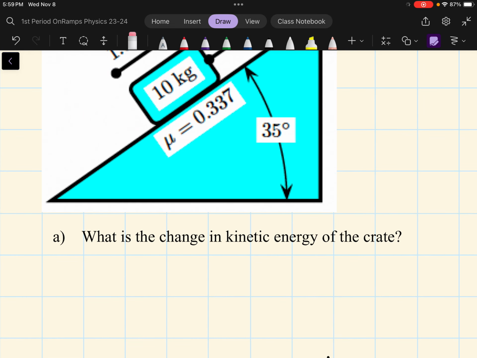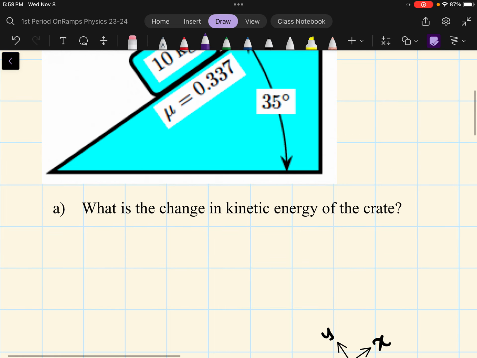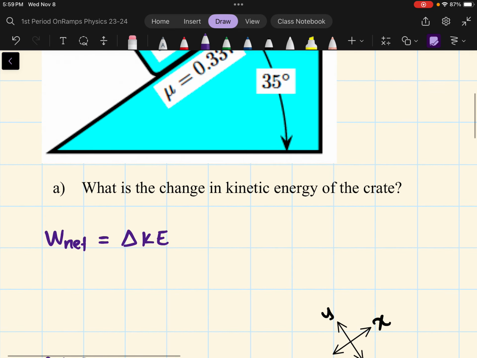Okay, we learned that the net work is equal to the change in kinetic energy, as per the work energy theorem. Also, we learned that the net work is equal to the work done by conservative forces, let's start with conservative, plus the work done by non-conservative forces.